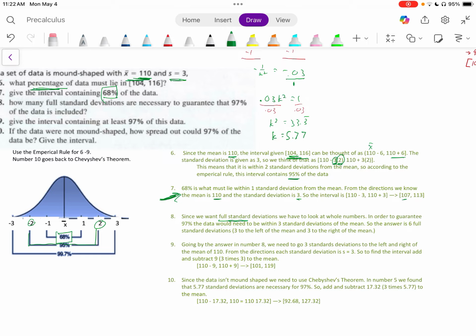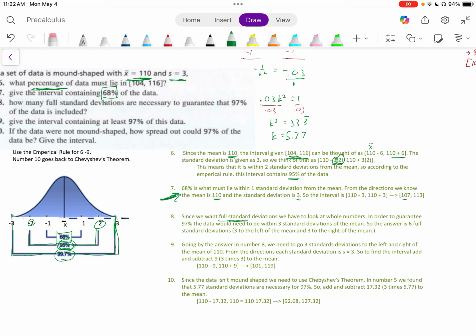There's 95% within 2 standard deviations, 99.7% within 3 standard deviations. So we need full standard deviations, and we're going to jump up to 3. The data would fit between -3 and 3. That is a total of 6. So from -3 to 3 is 6 full standard deviations.